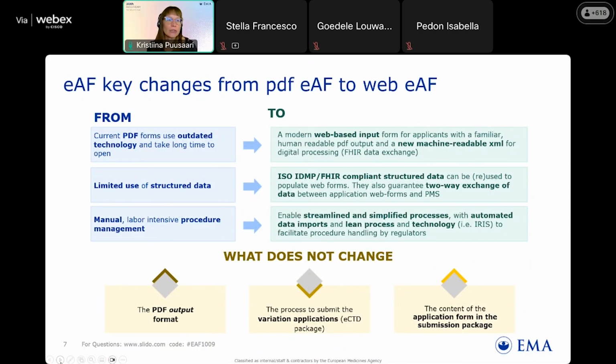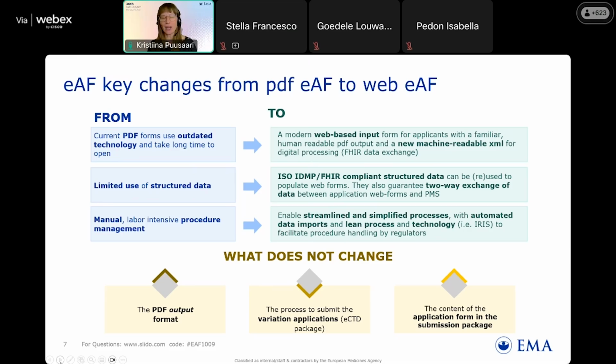So here, just to really summarize what the PLM portal is. It's a web-based version of the European Commission Notice to Applicants Human Variation Application Form. EMA converted the Notice to Applicants form into an interactive PDF form quite some years ago.